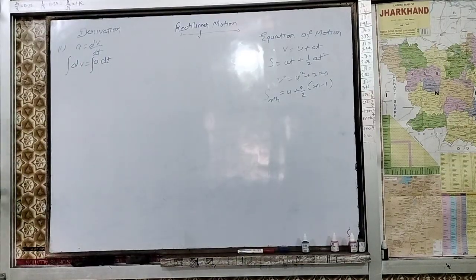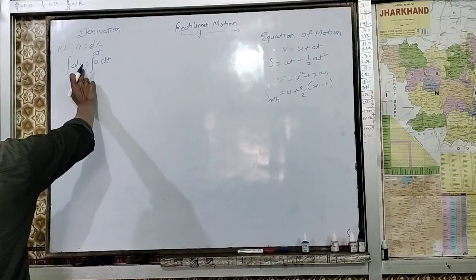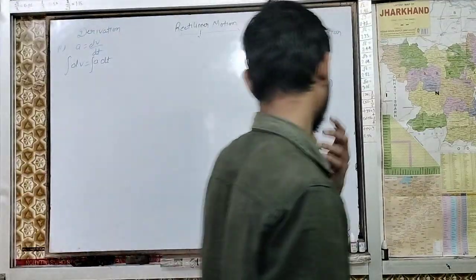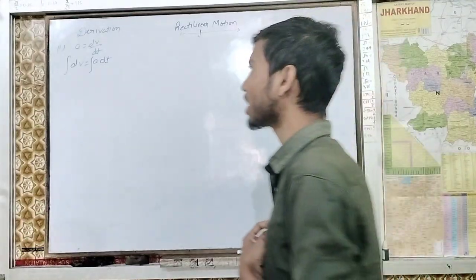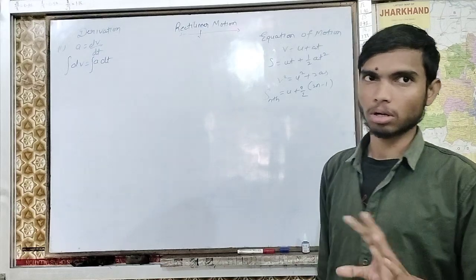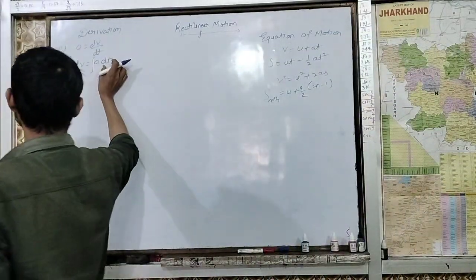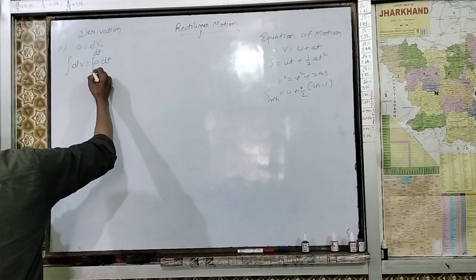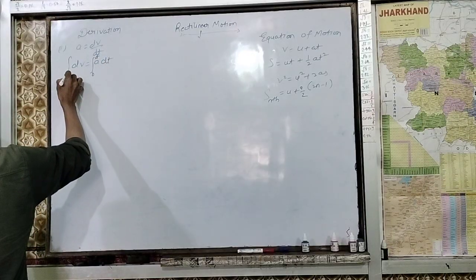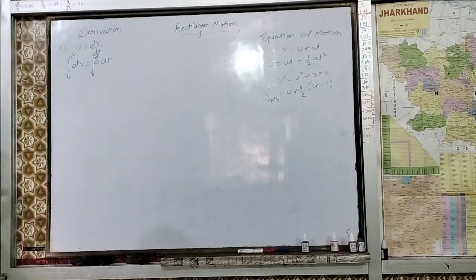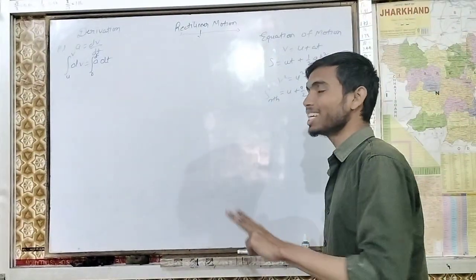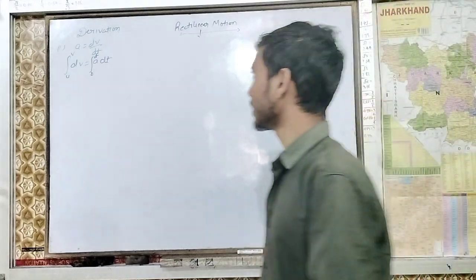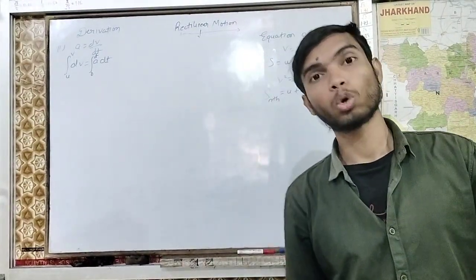The integral of dv is nothing but velocity, with limits of initial and final values. Here u is our initial velocity, not location, and v is the final velocity. Here we took time from 0 to t.